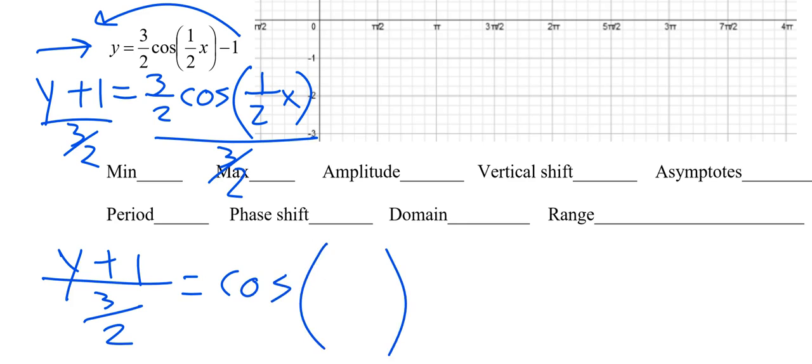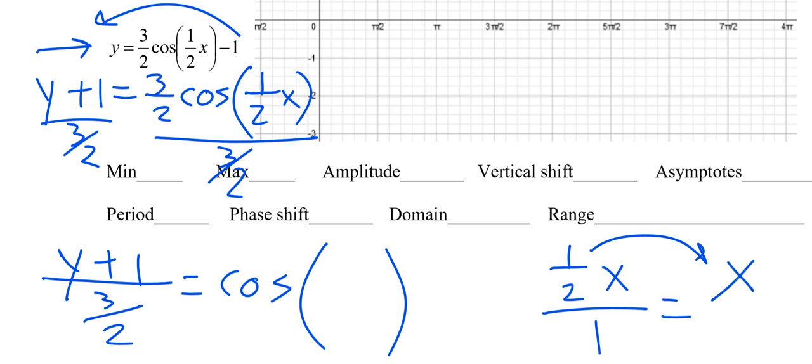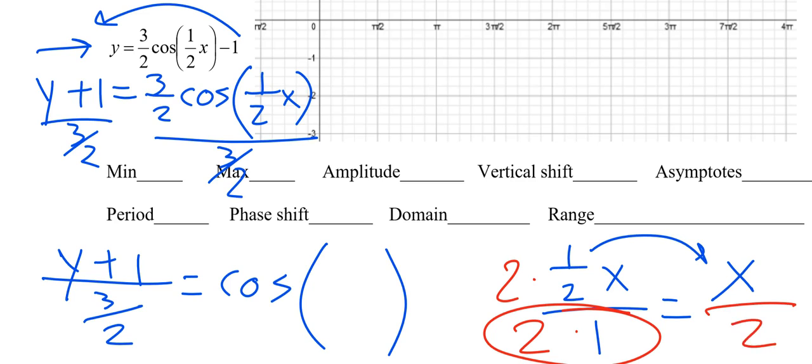Now, if we use that trick we did a few minutes ago, and we want to go from 1/2 x over to 1x, what are we going to multiply by? We'll multiply the top by 2, and we'll multiply the bottom by 2. So what does that denominator become? 2.